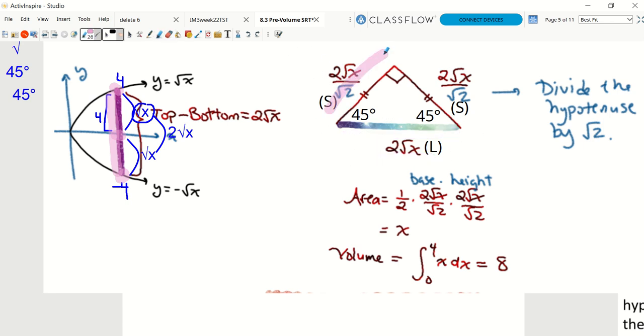This and this as our base and height because of that 90 degrees. So we got base and height, or you can say height and base. Doesn't matter, they're both the same. That's why base and height, and a constant of 1/2 for the area of a triangle. We good? Now it's just simplifying algebra.